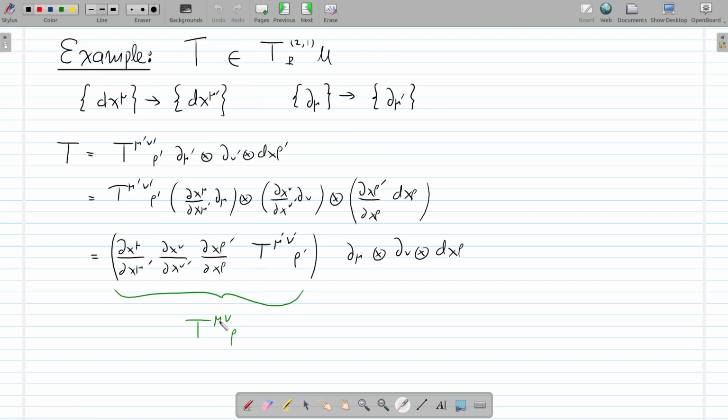So we have 3 indices, mu, nu, and rho, which are to be found on the same floor, mu, nu being upstairs and rho being downstairs. And all the indices here are contracted with corresponding indices of the derivatives here. So you see this is also a linear operation on components that gives us the components on a new coordinate system.